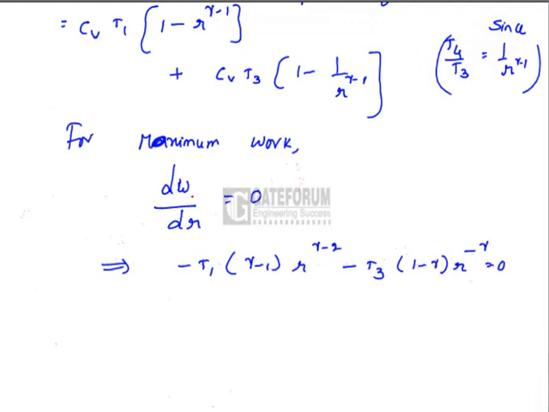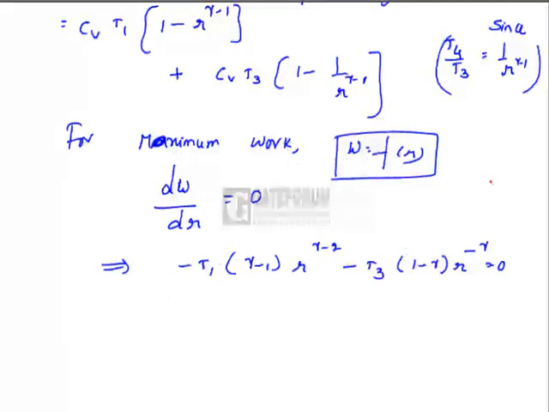This is obtained for maximum work, because work is now a function of compression ratio r for given T1 and T3. T1 is the minimum temperature of this cycle and T3 is the maximum temperature of this cycle.